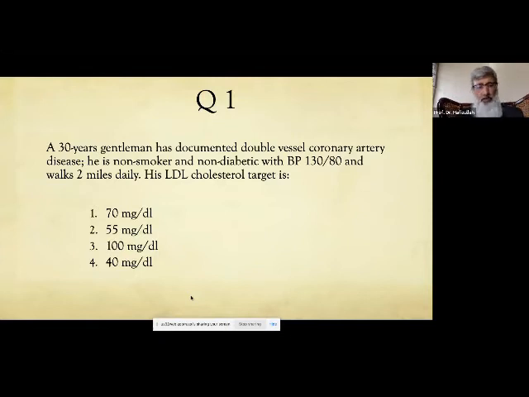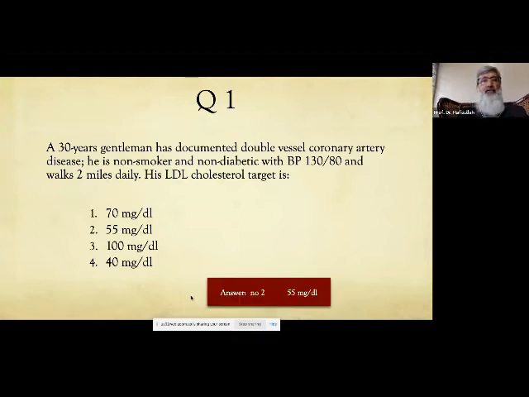We are not doing any polls, so please make up your mind about the answers, and I will show you the answer in a minute. And the answer here is number 2, 55 milligram.